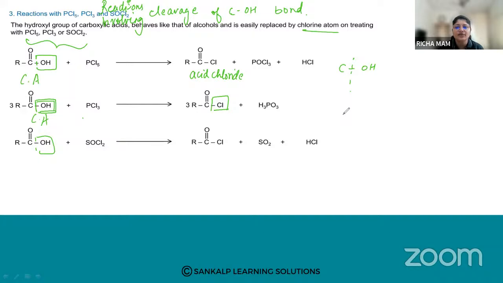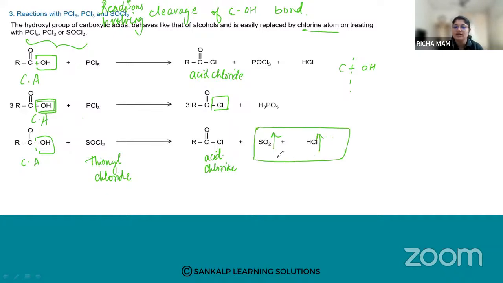Next reaction: when you treat a carboxylic acid with thionyl chloride, what are you going to get? Again acyl chloride or acid chloride, plus SO2 gas, and HCl gas is liberated. Both of these are gases.